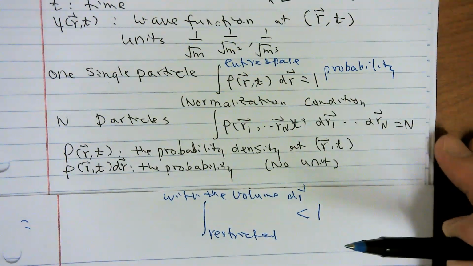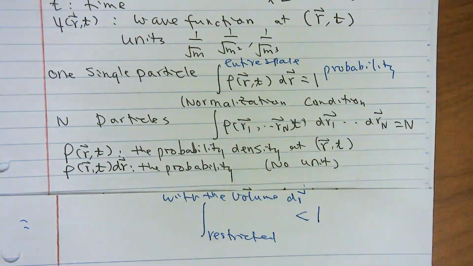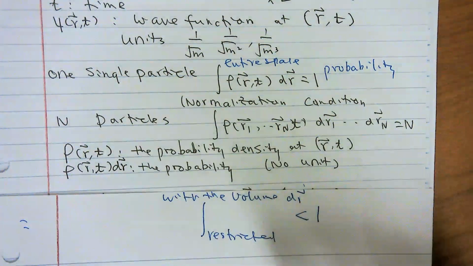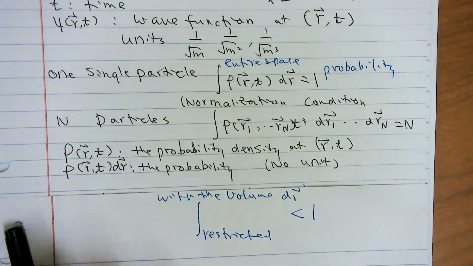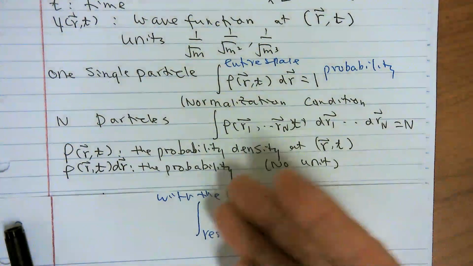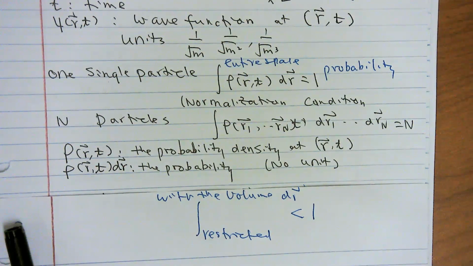So that's why this is called probability itself. When you do the integral, you are integrating over one particular region, and that's called probability. So probability depends on how your integral looks. And this is my first video.